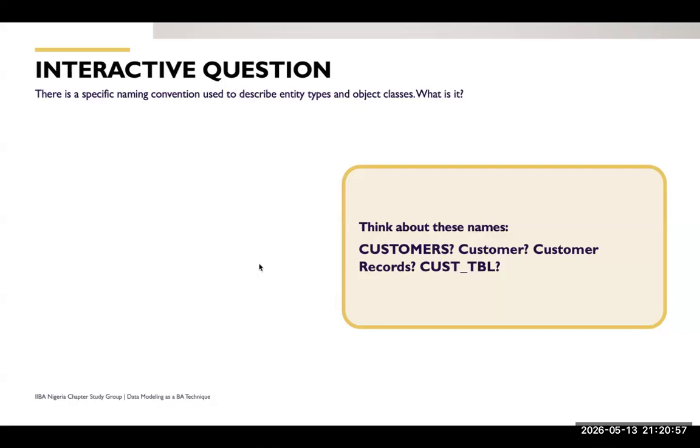You've written order line, product, payment. Yekini, you talked about the 5 that you could see the other time. You've talked about customer order. What is this naming convention? What do we think it is? Anybody?